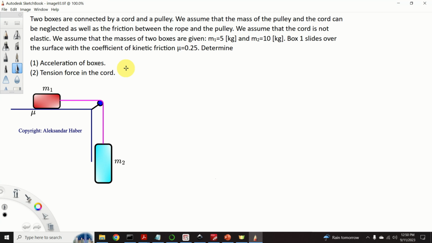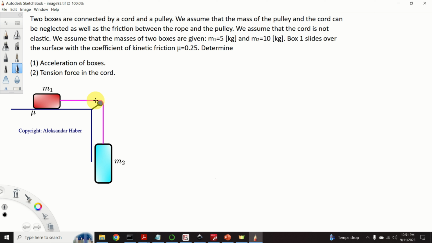First, we need to carefully read the problem statement. Two boxes, here are the boxes, are connected by a cord and a pulley. We assume that the mass of the pulley and the cord can be neglected, as well as the friction between the rope and the pulley. We assume that the cord is not elastic.